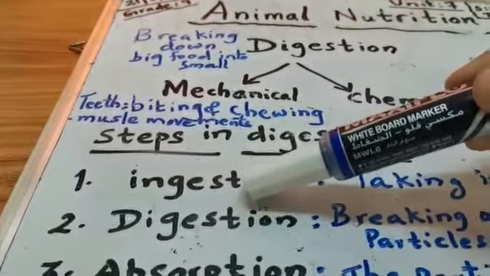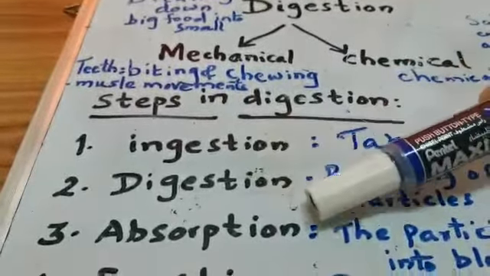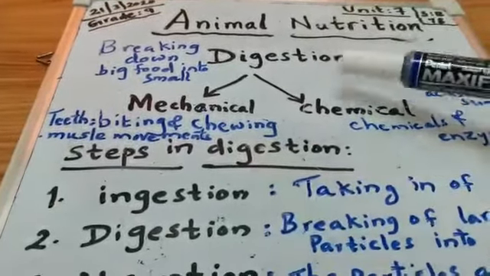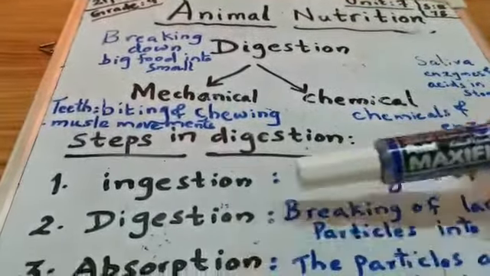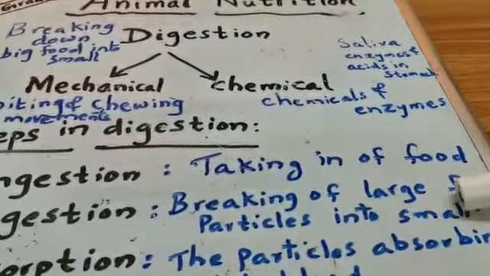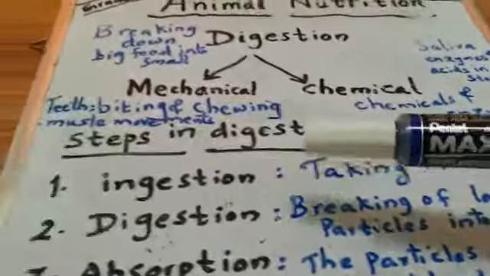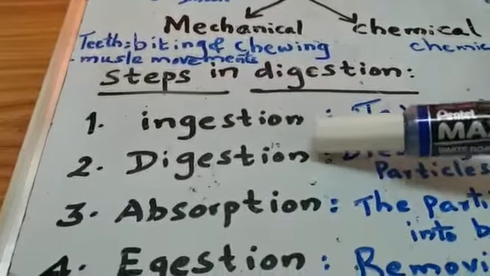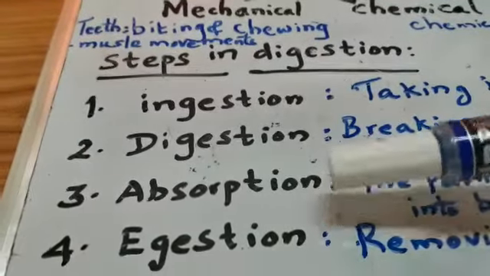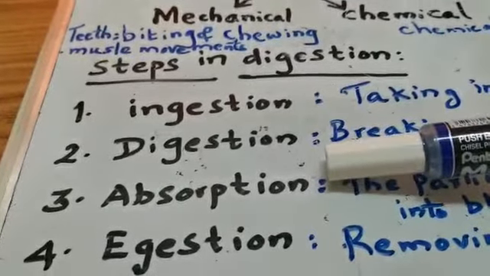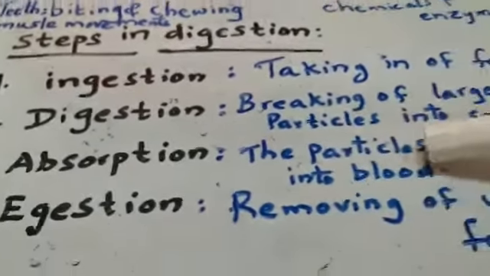Then of course digestion. The second one is digestion. We already said what digestion is: breaking down of large food particles into smaller pieces. Next one is absorption. After digestion, we want to absorb all the nutrients into our blood.